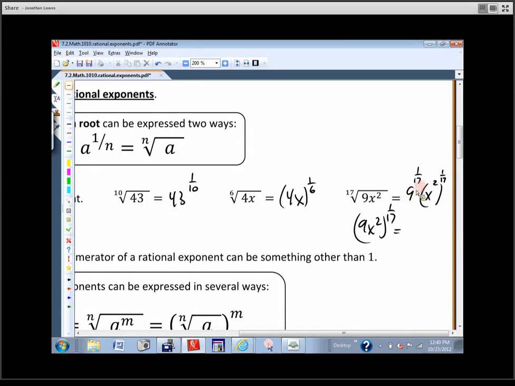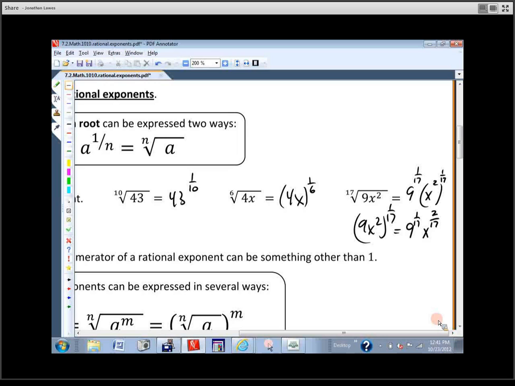This one's fine, it's a fractional exponent. What about this? What if I have a power raised to a power? I multiply them, right? What's 2 times the 17th? 2/17. That's easy, right? So I could write this as 9 to the 1/17 and then x to the 2/17. Okay? Any questions there? And that's just using properties of exponents that you reviewed in 1.6.